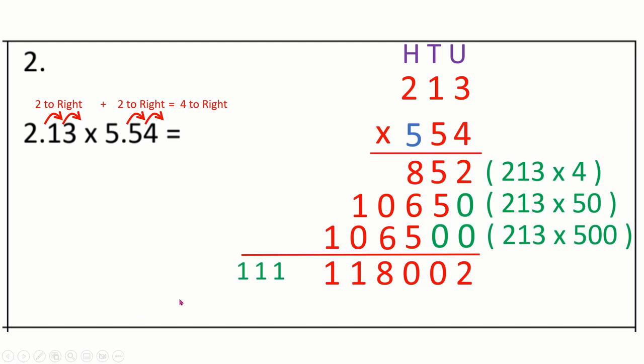So you have to get your decimal point now and take that 4 places over to the left to make that answer 10,000 times smaller. So here we go. 1, 2, 3, 4. So your final answer to 2.13 multiplied by 5.54 is 11.8002.